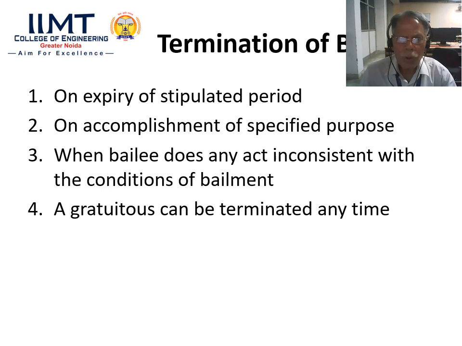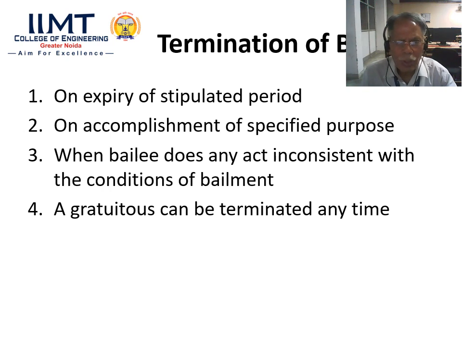Now let's talk about the termination of bailment. When can a bailment be terminated? On expiry of the stipulated period, that is, the goods are given for a certain period to the bailee, and on expiry of the stipulated period, the bailee is required to return the goods to the bailor in the same condition.